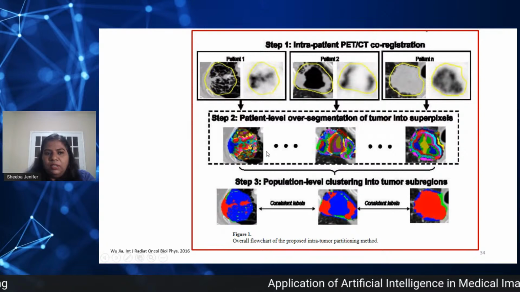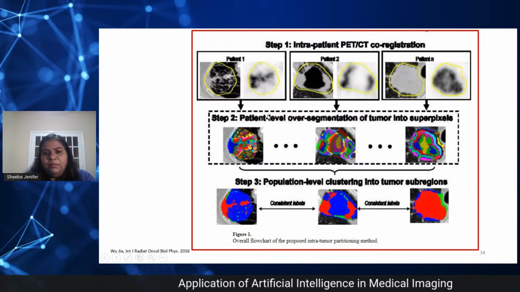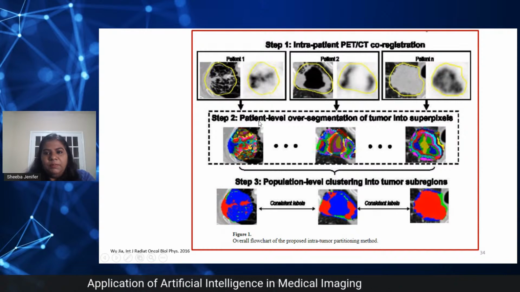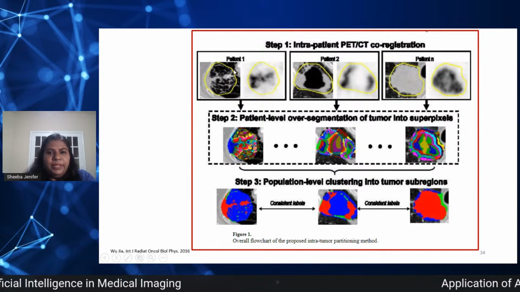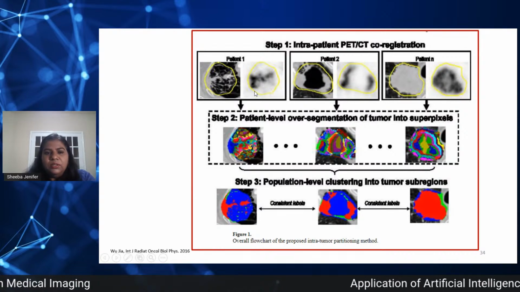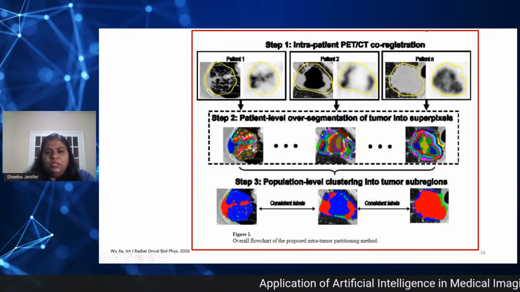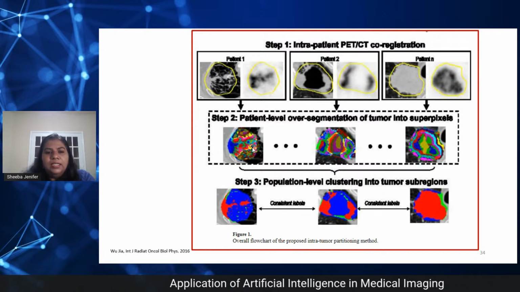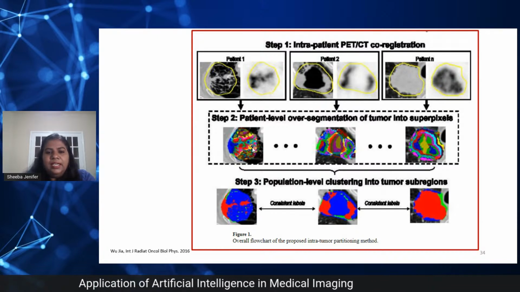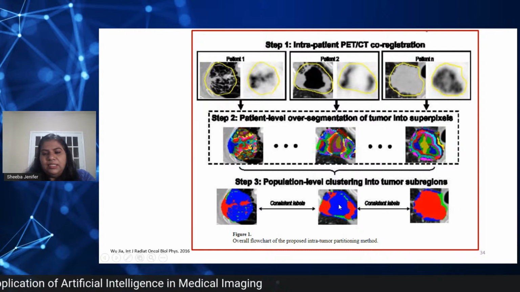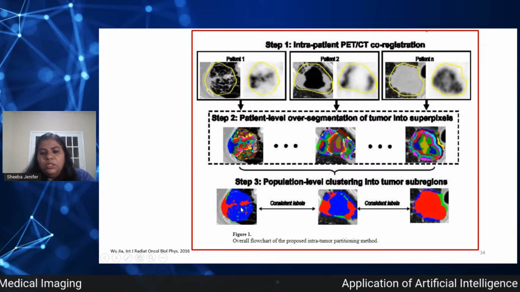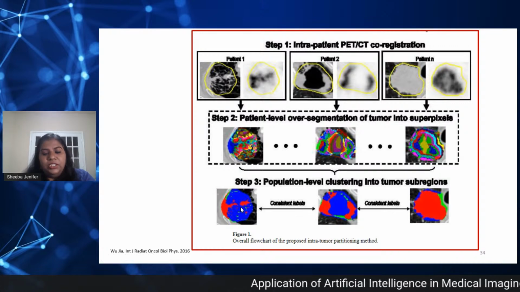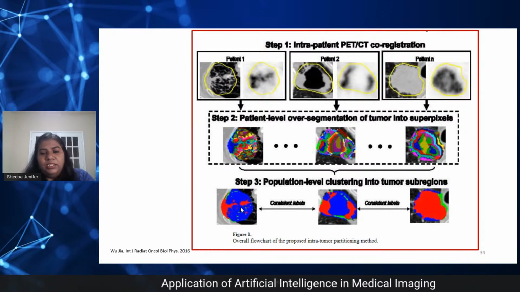So this is an overall block diagram, to give an idea about what I'm talking about with superpixels. This is a breast cancer image of patients in the first row. So these are divided into superpixels, which means they are divided into subregions. And in the third step, population level clustering is done so that the entire tumor region is divided into partitions, called intra-tumor partitions.